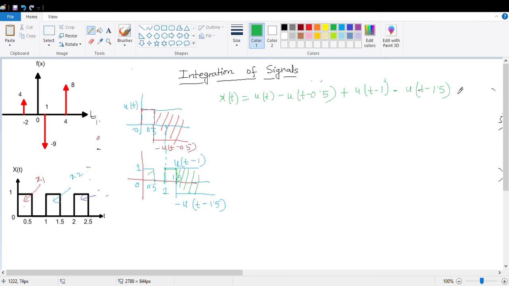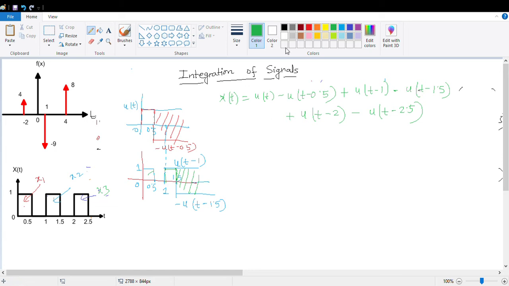So at 2 we are getting u(t minus 2) in the system, and at 2.5 another step having opposite magnitude of u(t minus 2) is in the system. So this will consist of the x3 part. In this way we can write the expression of the signal.